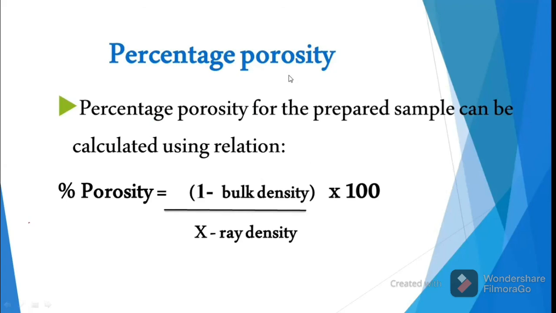Now the percentage porosity. Percentage porosity is one of the very important parameters of XRD, the X-ray diffractometer. The percentage porosity for the prepared samples can be calculated using this relation: percentage porosity is equal to 1 minus bulk density, which we have already calculated in the previous slide, divided by X-ray density, multiplied by 100.